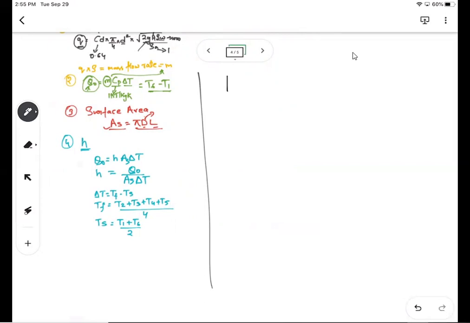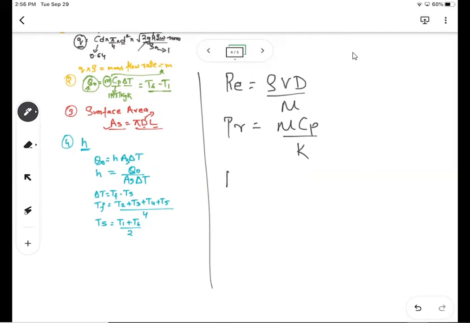Reynolds number is given by rho V d upon mu. Prandtl number is given by mu Cp upon k.